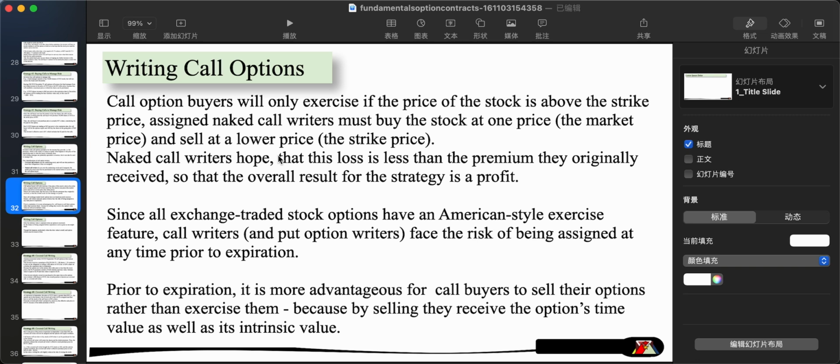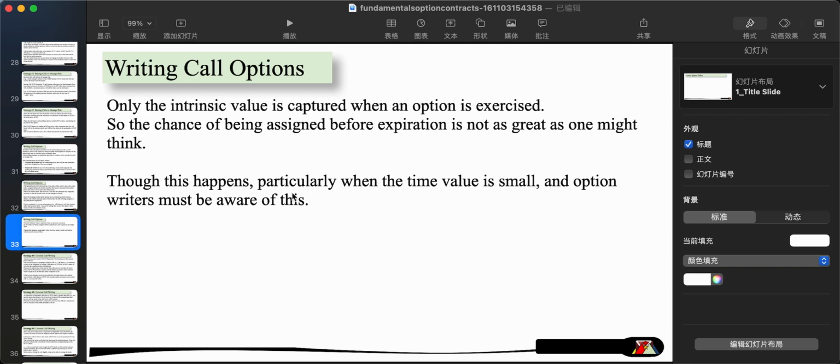Since all exchange traded stock options have an American style exercise feature, call writers and put option writers face the risk of being assigned at any time prior to expiration. Prior to expiration, it is more advantageous for call buyers to sell their options rather than exercise them, because by selling, they receive the option's time value as well as its intrinsic value, while only the intrinsic value is captured when an option is exercised.